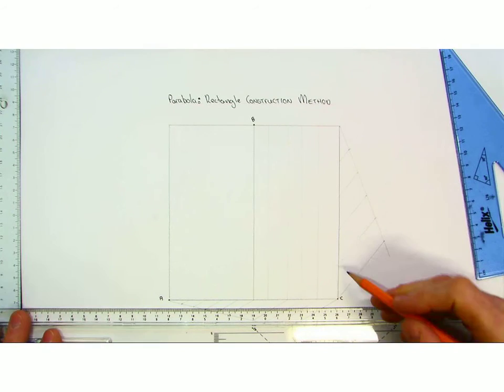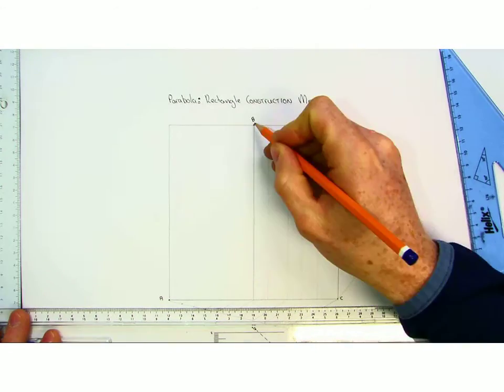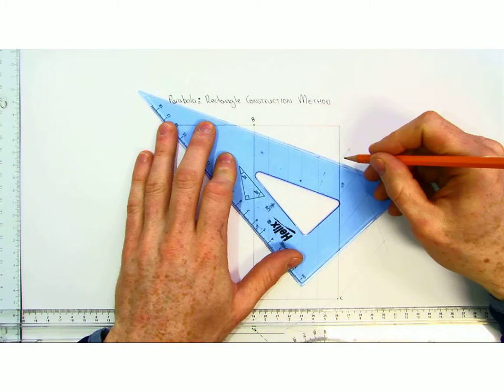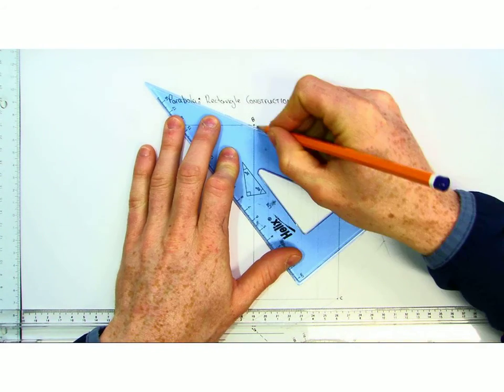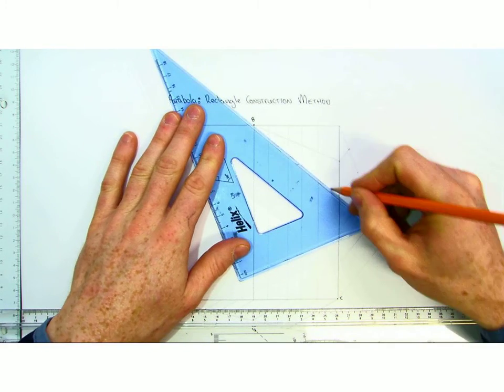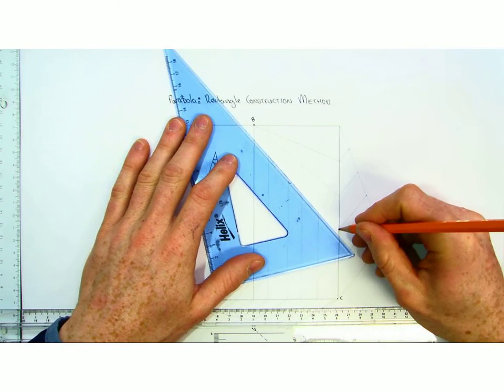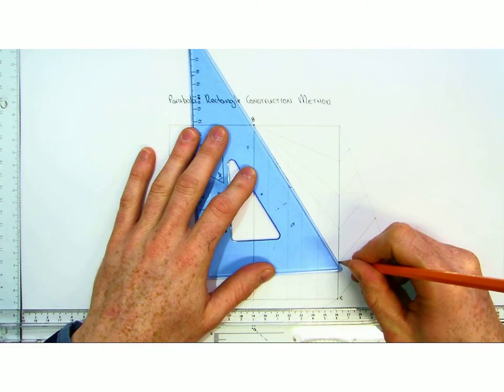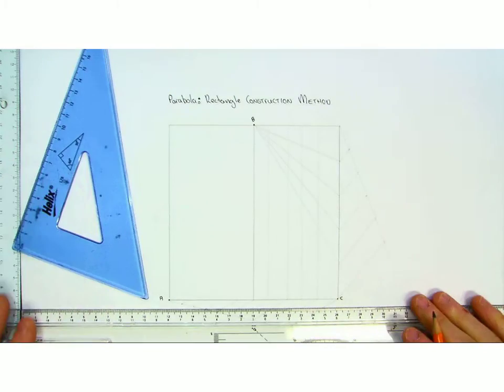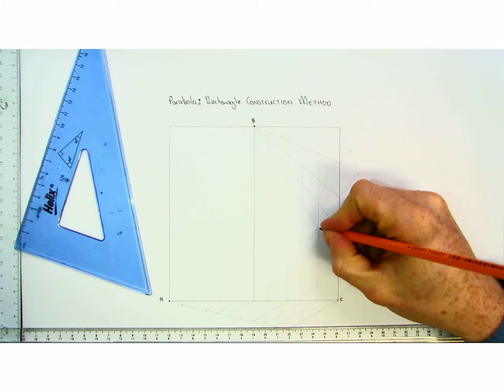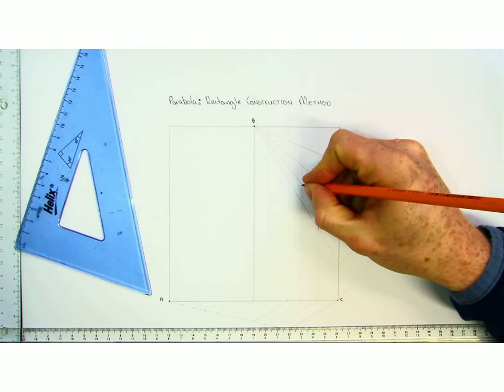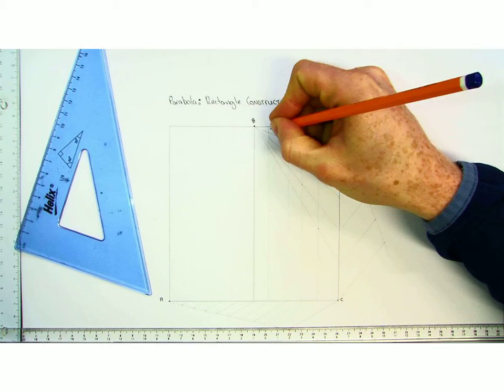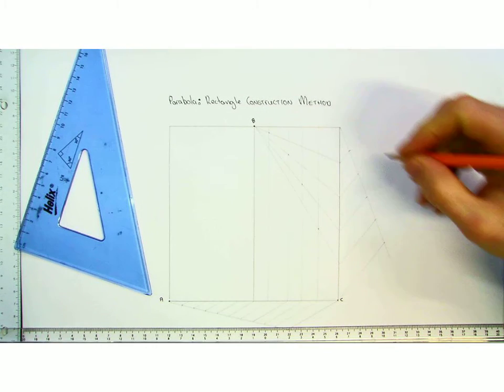My divisions at the side are going to be drawn up to my apex, point B. I can now join up my points as I've located my parabola.